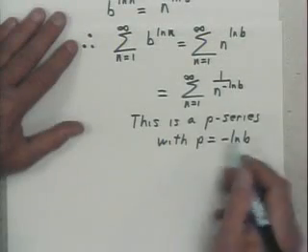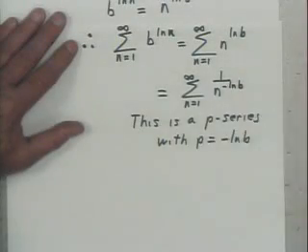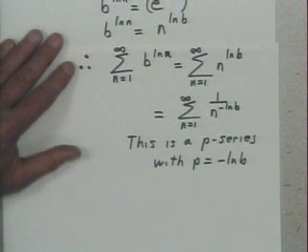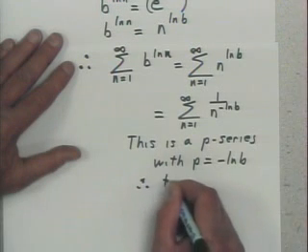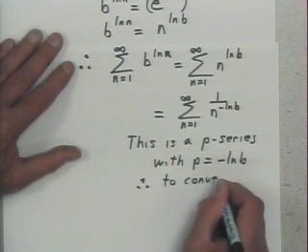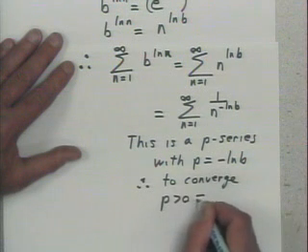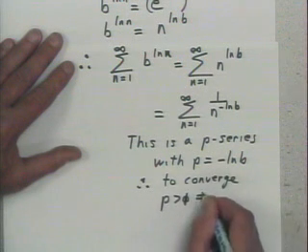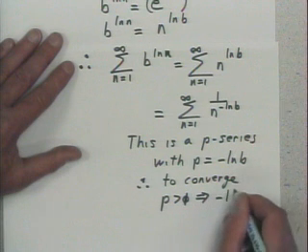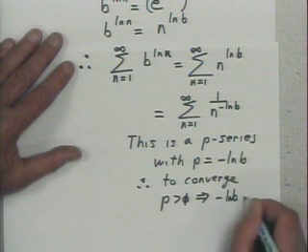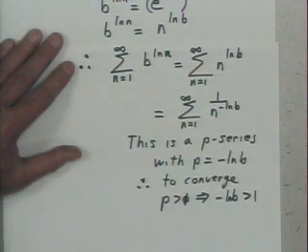Okay. What does p have to be for a p-series like that to converge? Greater than 1. Therefore, to converge, p has to be bigger than 1, which implies minus natural log of b has to be greater than 1.